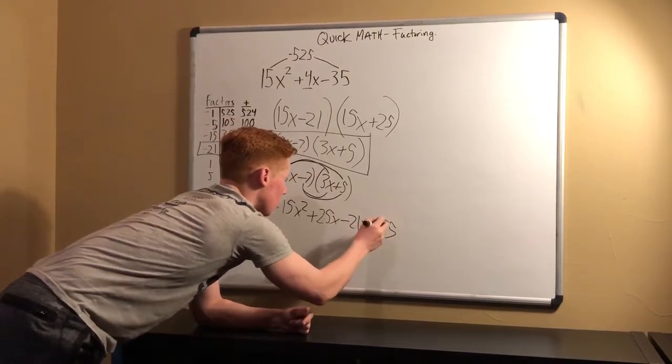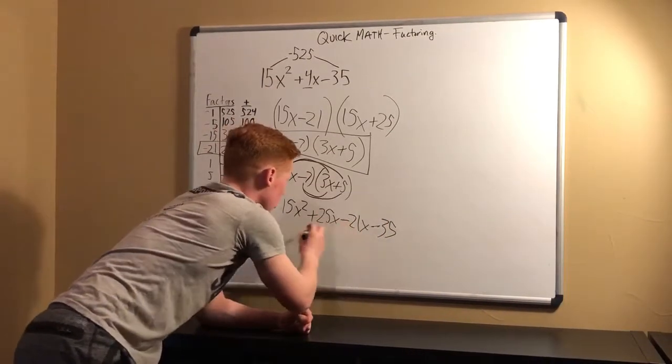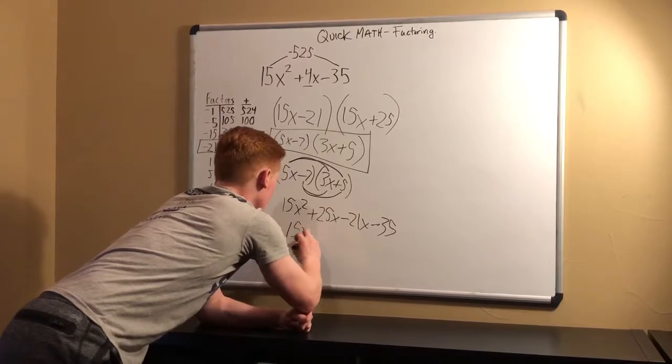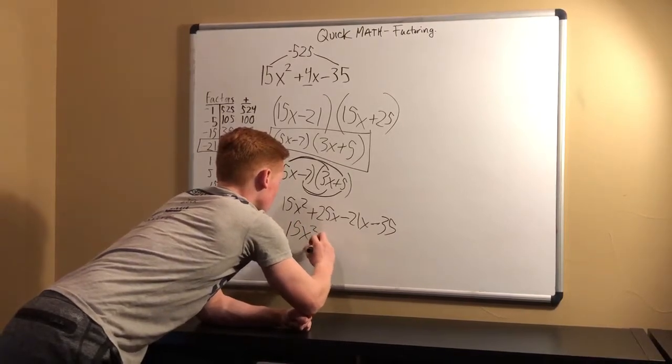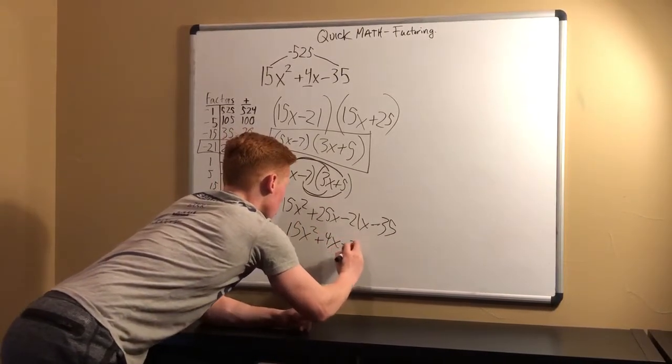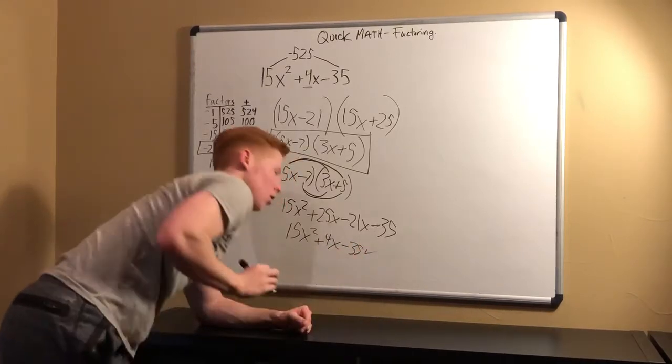That'll be a negative number. And then you combine the two like terms, 15x squared plus 4x minus 35, and you're done.